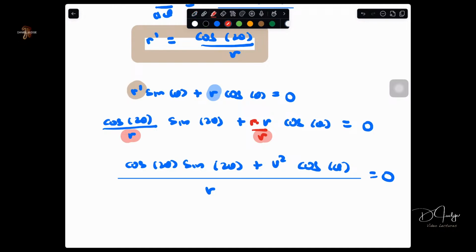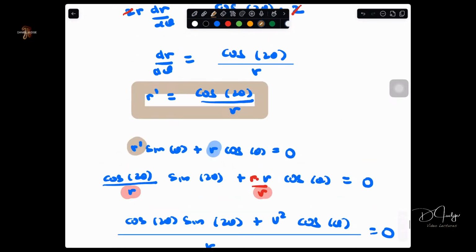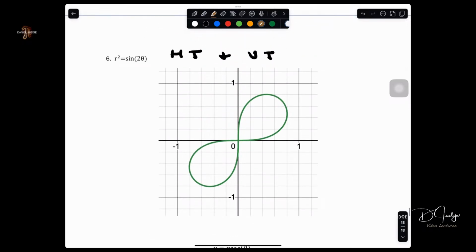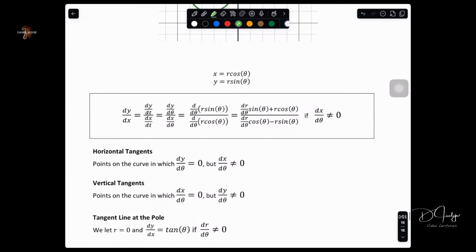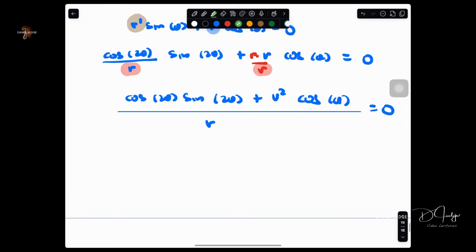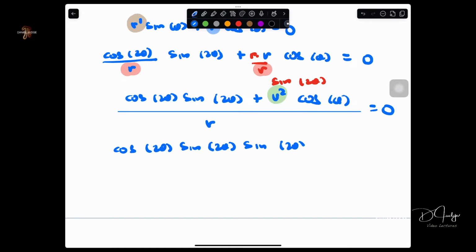Okay. Now, why that's nice is because if I go back, recall that r squared is actually sine double theta. This is the equation of your Lemniscate. Sine double theta for r squared. So I can replace this r squared with my sine double theta. And what you end up with is cosine double theta sine theta plus sine double theta cosine theta over r should be 0.